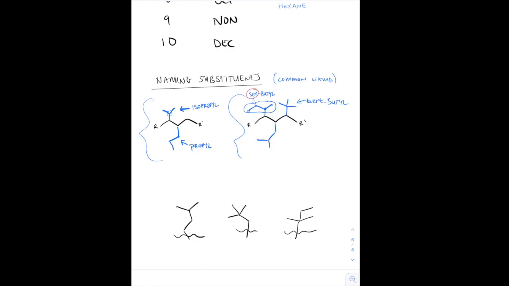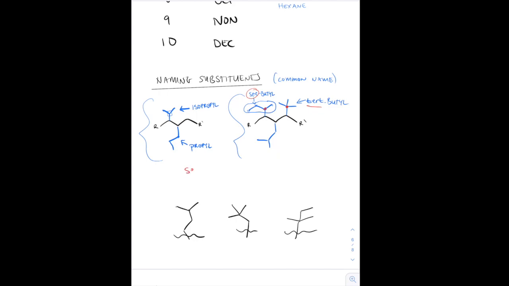The sec, again, is because that carbon in just butane is a secondary carbon, whereas this guy right here, if you wanted to think of it like that, is a tertiary carbon. So that's why it's called tert. The tert stands for tertiary.